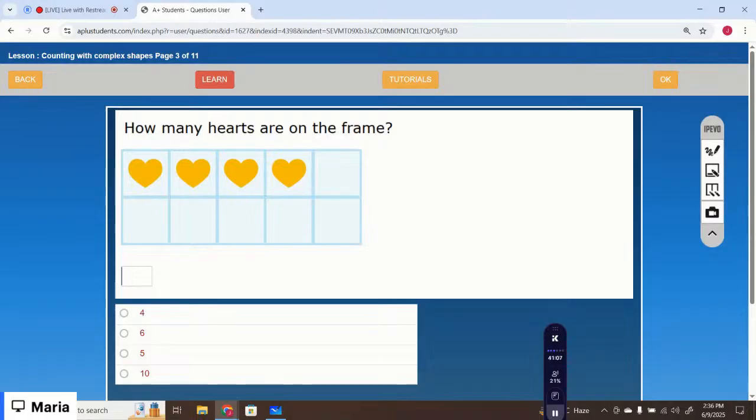How many hearts are on the frame? There are 4 hearts on the frame. The correct option is 4.